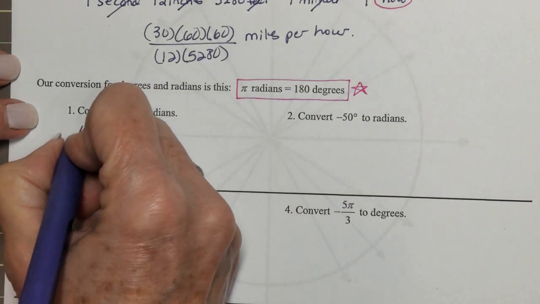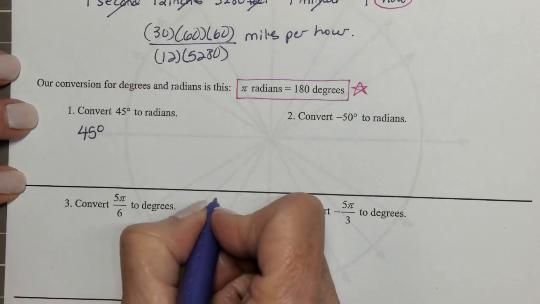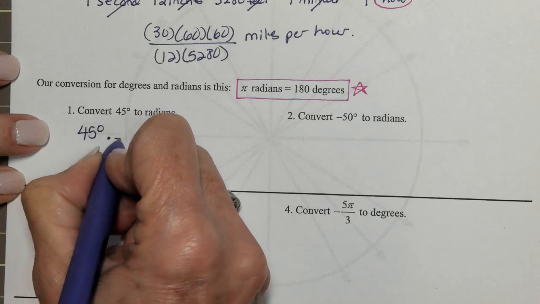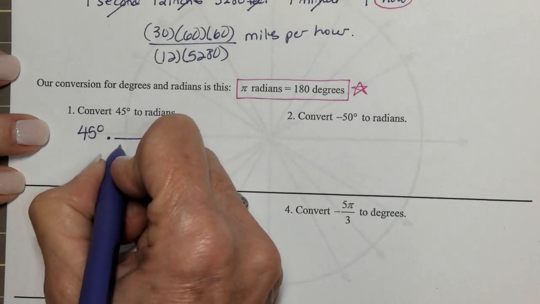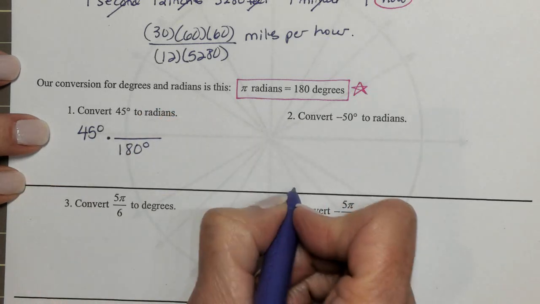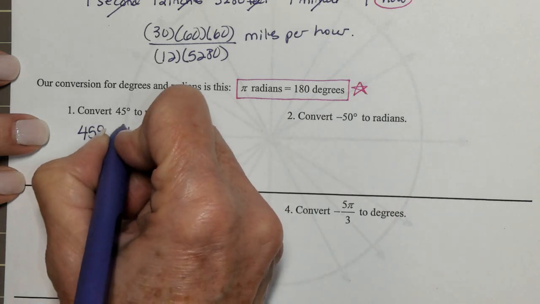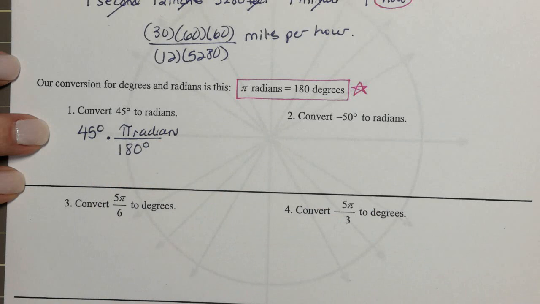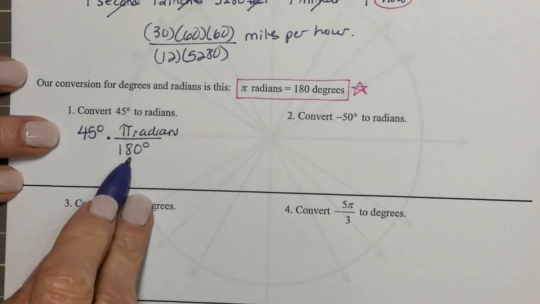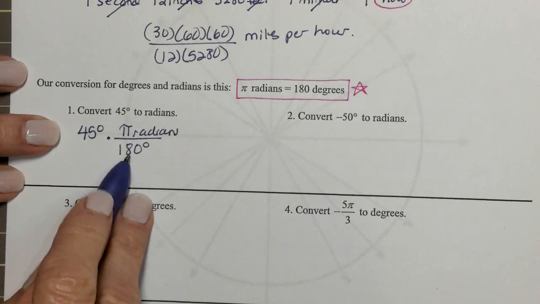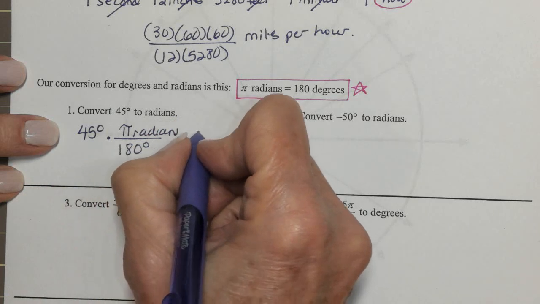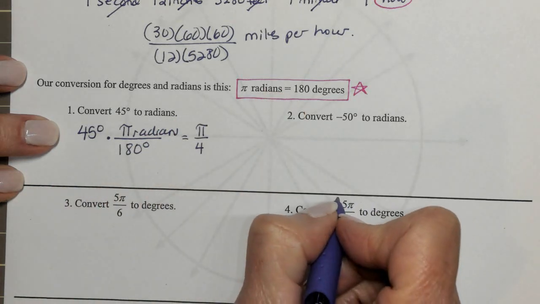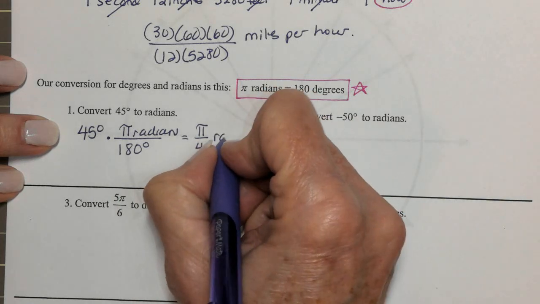So if I have 45 degrees, well, I want to cancel degrees, so I want degrees on the bottom. So I have 180 degrees on the bottom, pi radians on top, and 45 goes into 180 4 times. So this leaves me pi divided by 4 radians.